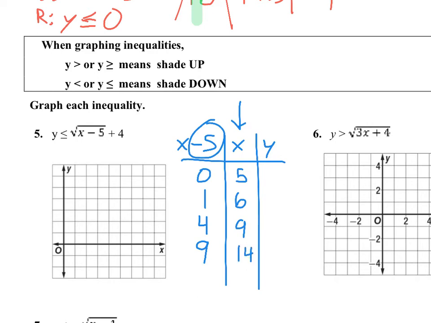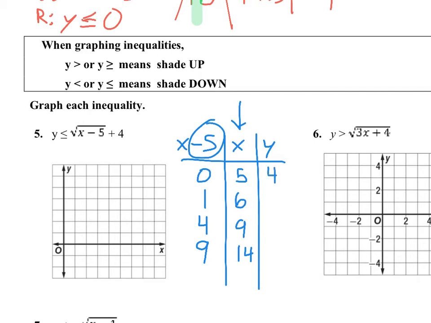So checking our work. If x was 5, then x minus 5 would be 0. Alright, so plug in. Square root of 0 is 0 plus 4.